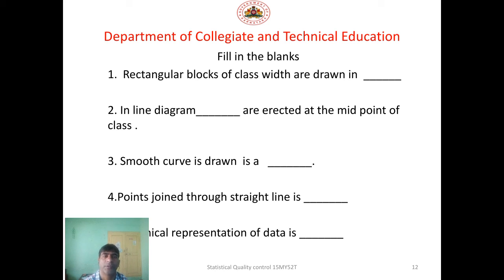Next, fourth one. Points joined through a straight line is dash. The answer is frequency polygon.